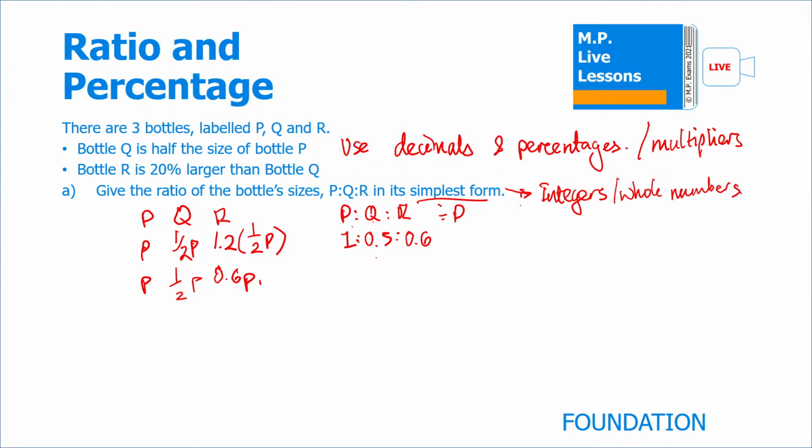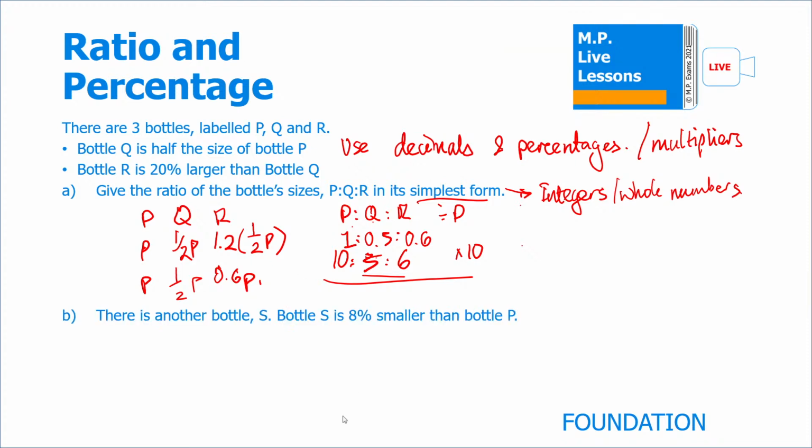And to do that, we'll multiply everything by 10. So we get 10 to 5 to 6, and that's actually our simplest form, because we can't divide all the numbers by the same number to get a smaller whole number.